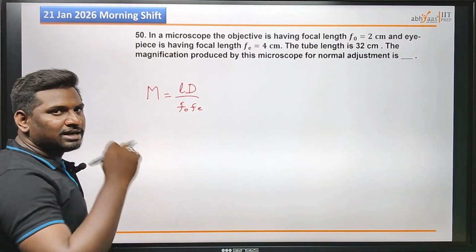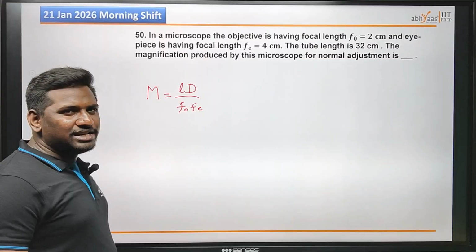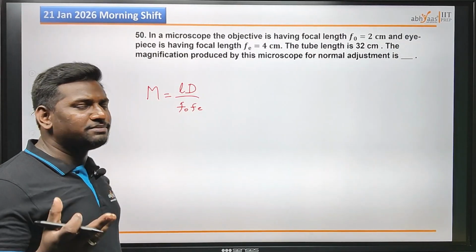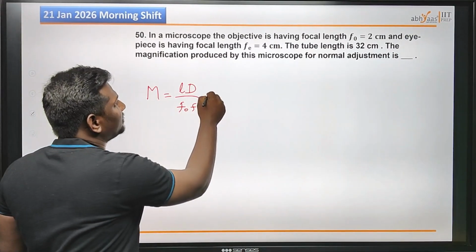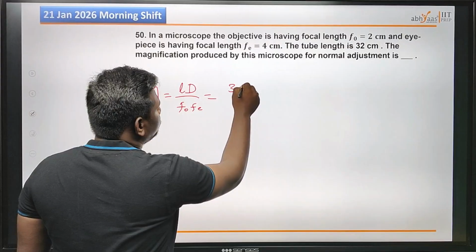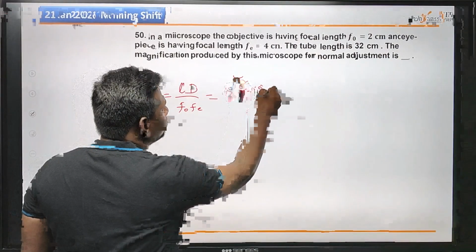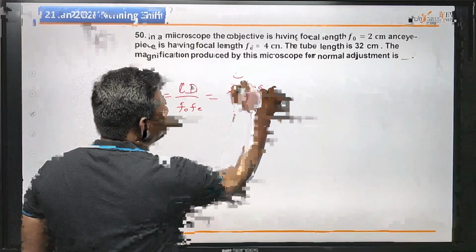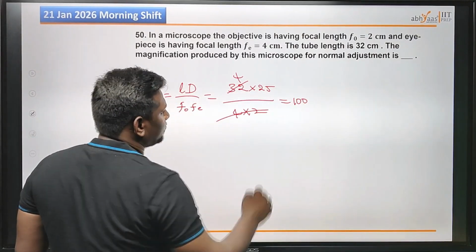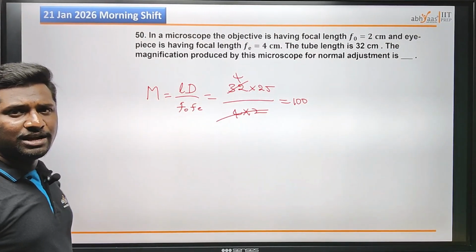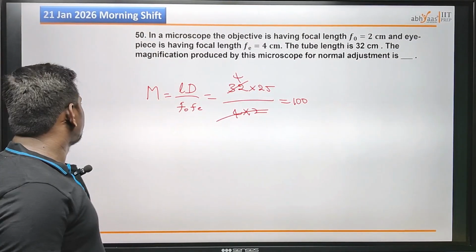L is nothing but length and D is nothing but the least distance of vision for the human eye, that is 25. So simply 32 into 25, by 2 into 4, so you are getting 100. So 100 is the right answer.